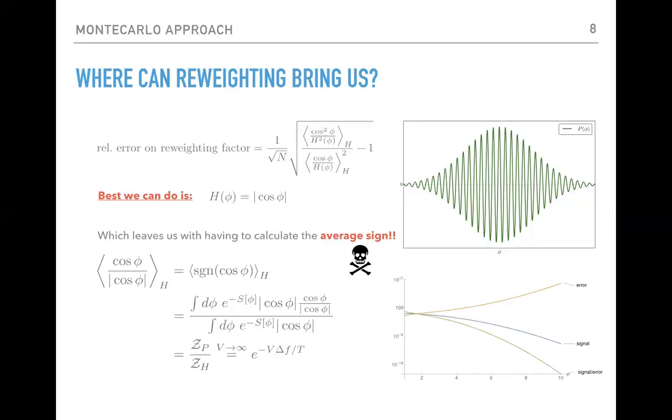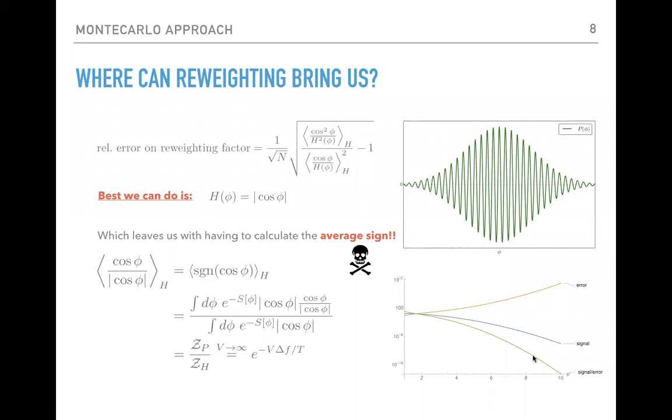On top of that, if I plot for this toy model on the x-axis mu, which is the Lagrange multiplier that I introduced, denoting the chemical potential, this is nothing but the frequency of how much this function is oscillating. You see that as I increase mu, the function oscillates more and more. The error grows exponentially, the sign decreases exponentially, and the signal versus error gets worse and worse.